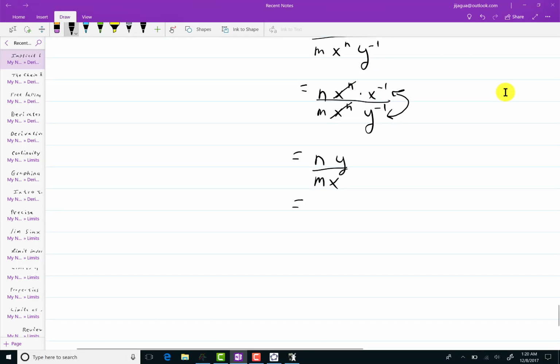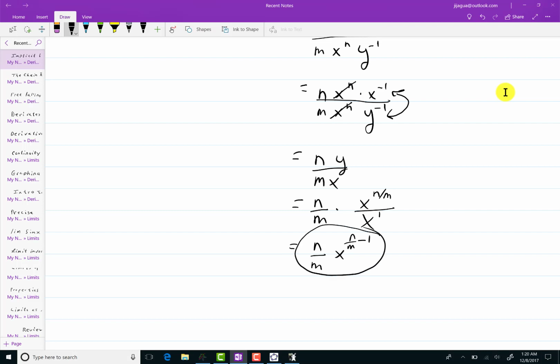That equals n over m. I'm going to separate this out. y was x to the n over m. Down here is x to the 1. This equals n over m, x to the n over m minus 1. What that means is the power rule works for rational exponents.